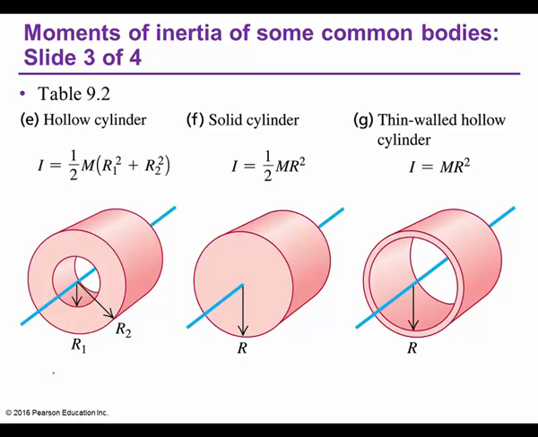A tire would be that equation. How much moment of inertia does a tire have? Well, truck tires are going to have a whole lot more moment of inertia. Now I'm talking about a semi, not a pickup. I'm talking about a semi-truck, 18-wheeler.